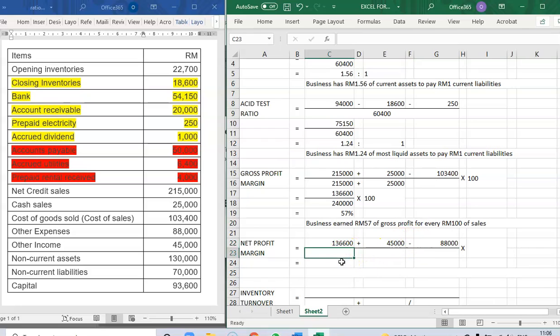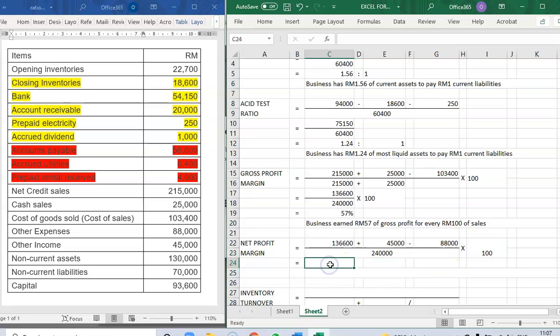And again, you need to divide with net sales, because the formula for net profit margin, as I said earlier, is net profit divided with the net sales. The net sales we already calculated above when we calculated the gross profit margin. So the net sales is 240,000, and do not forget to multiply it with 100.